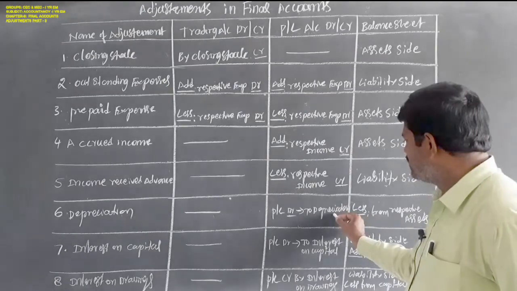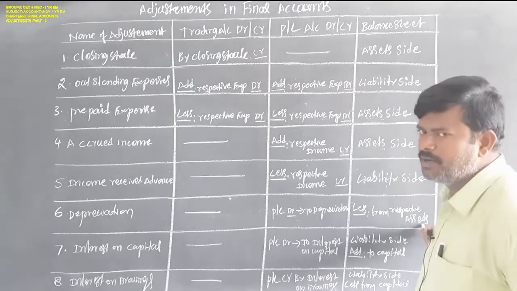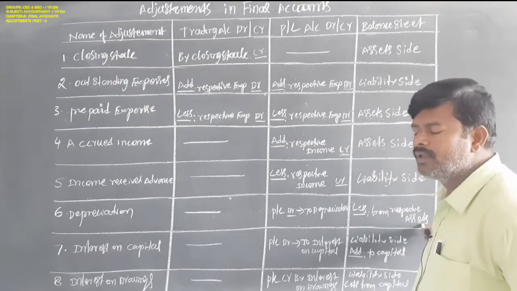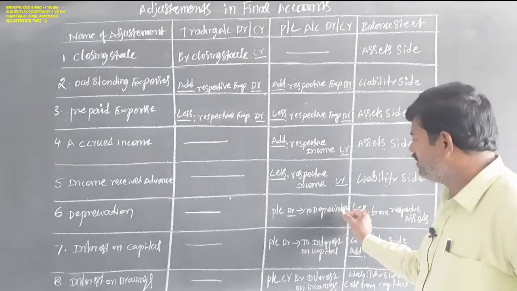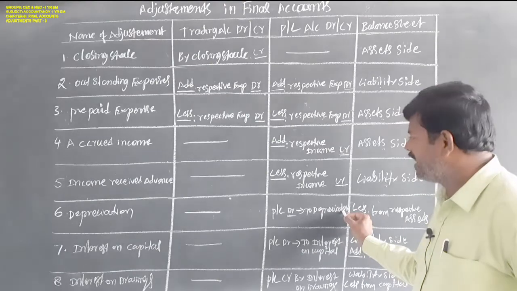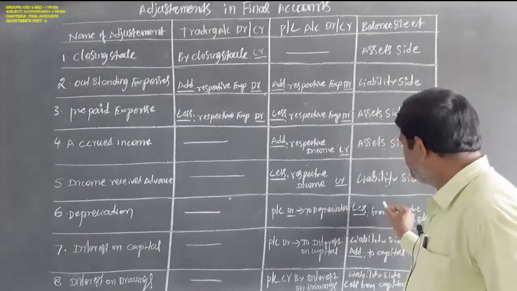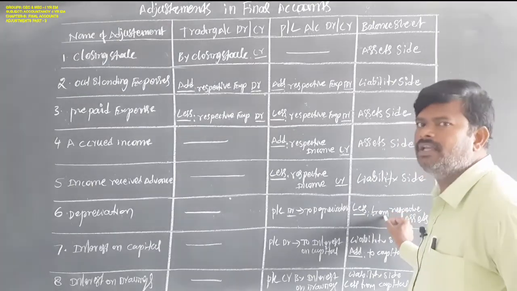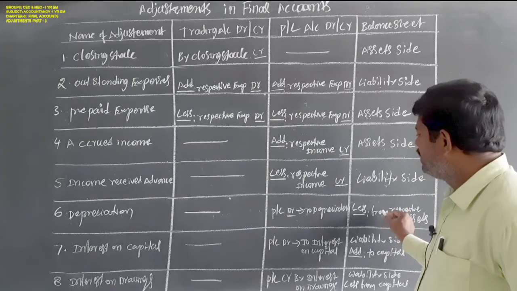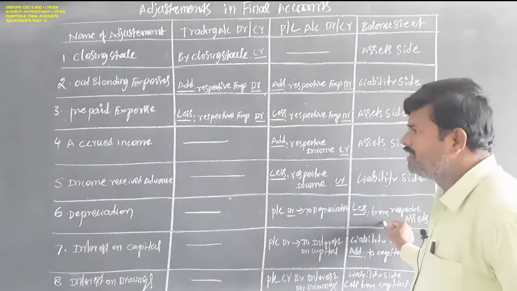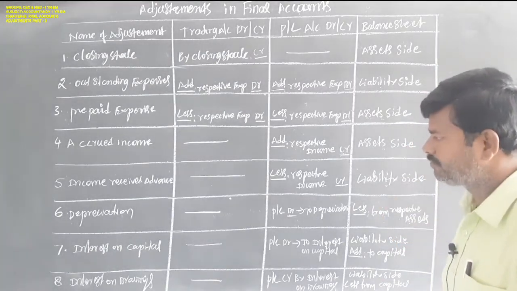The same depreciation amount is deducted from the respective asset. For example, depreciation on machinery is recorded on the P&L account debit side, and the same amount must be deducted from machinery on the asset side. This is the sixth one.